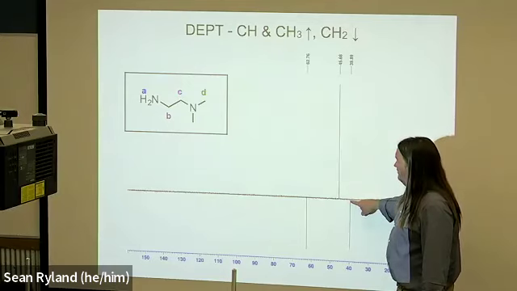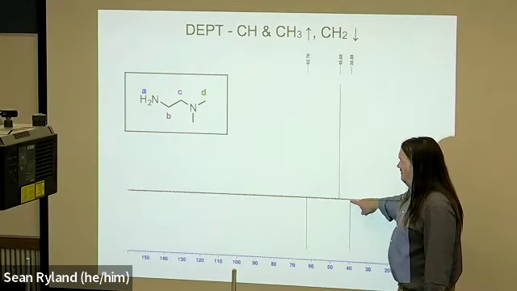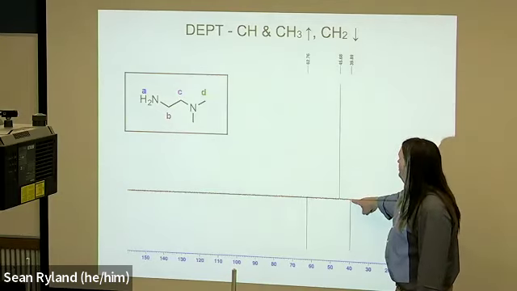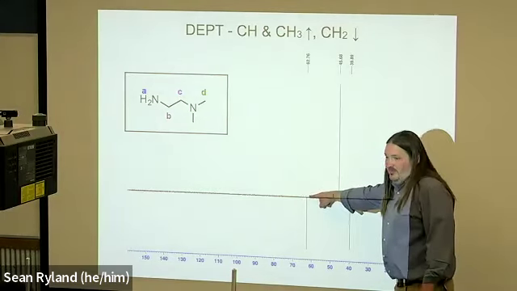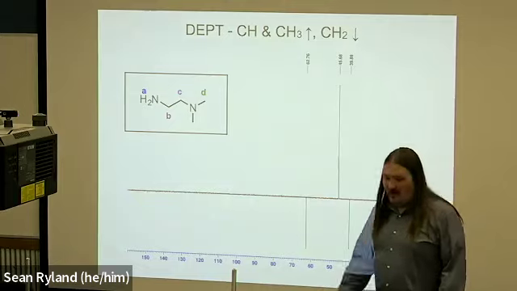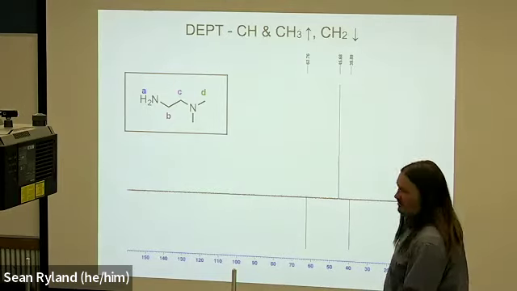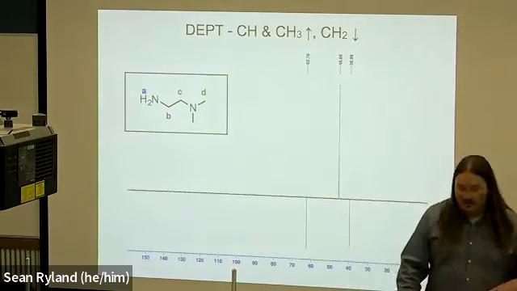This first one, the most shielded, must be C. Right, because it's got to be a CH2. Because this is definitely D then, and that's B. We had B right, we just flipped C and D because I don't have my sheet.